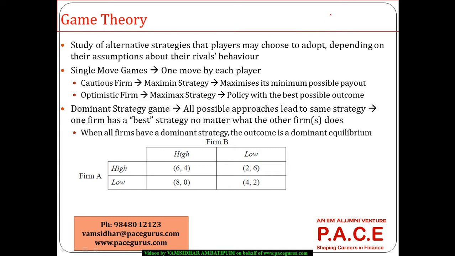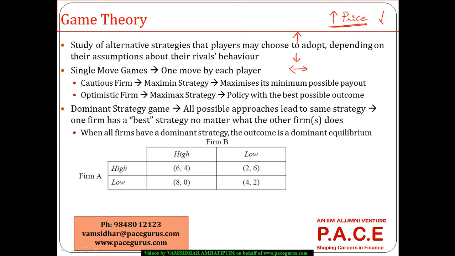So think of it like, if the competitor has increased the price, would I be better off if I increase the price? Would I be better off if I decrease the price? Would I be better off if I don't change the price? Which one would be a better strategy?